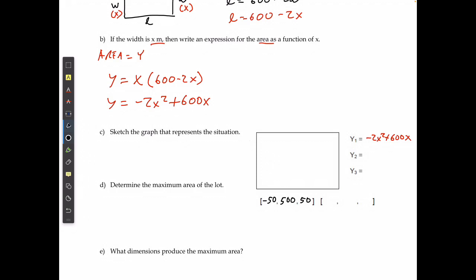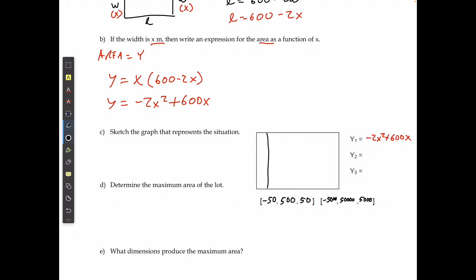Because, once again, it's an area one, if I said that all three sides were the same length and they were all 200, well, the length times the width would be 200 times 200. That's already 40,000. So I'm going to go with some pretty big numbers. Negative 5,000, positive 50,000, and then each one is going to be scaled at 5,000.